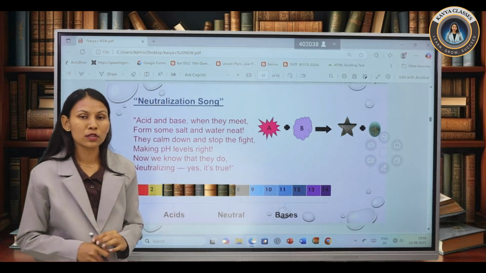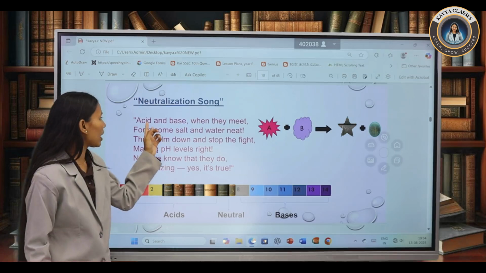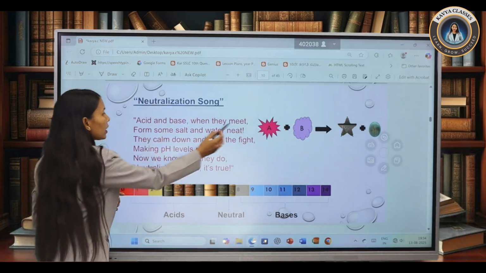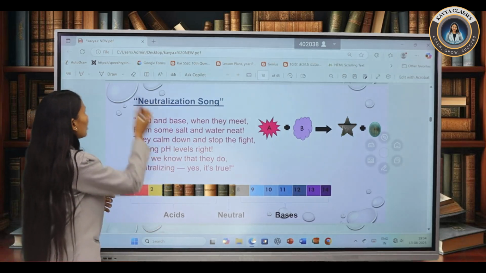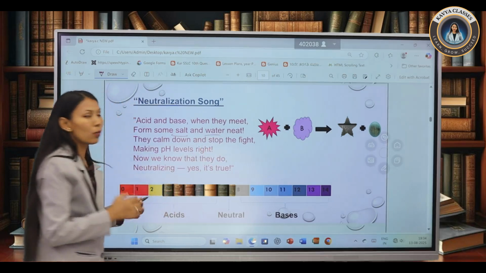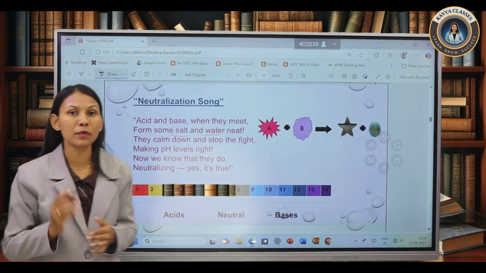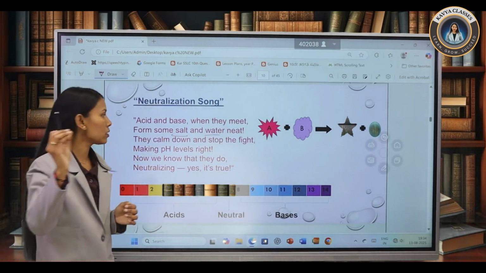Yes, it's true. So what this poem indicates is that when acid and base meet, means when they react, they form some salt and water. So once the acid and base react, they will form salt as well as water.